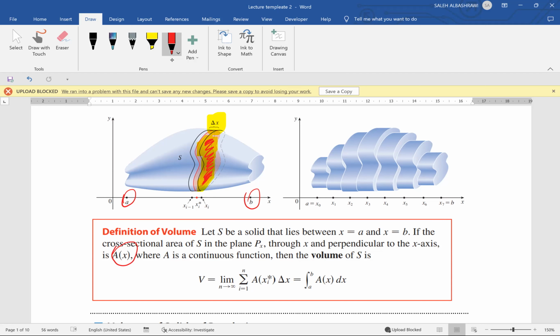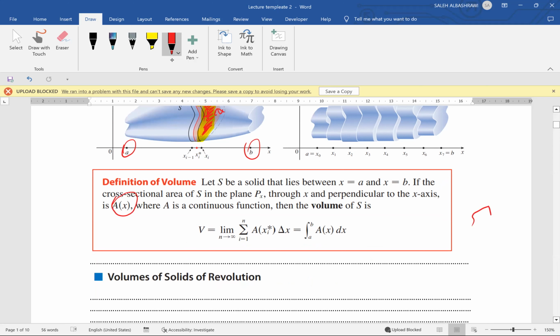We call it A(x). This is A(x), and it has some width, delta x. The volume for this slice will be given by A(x) times delta x.